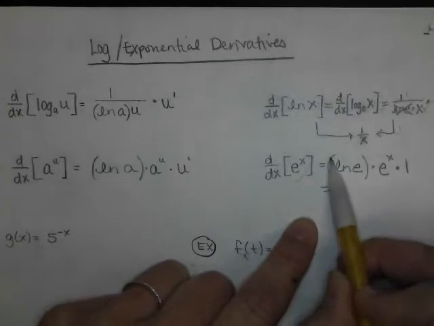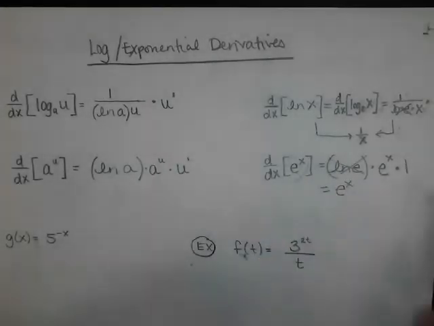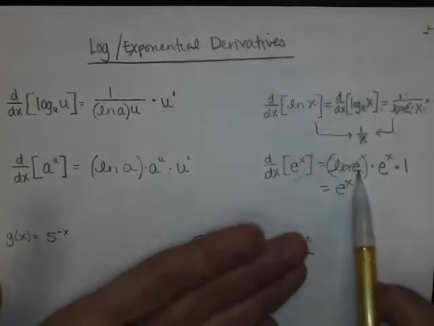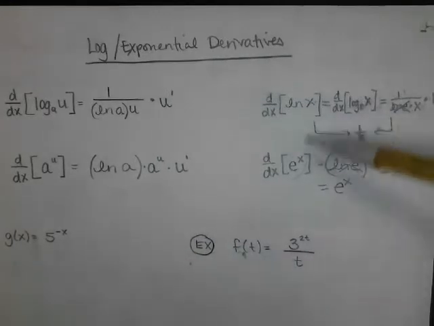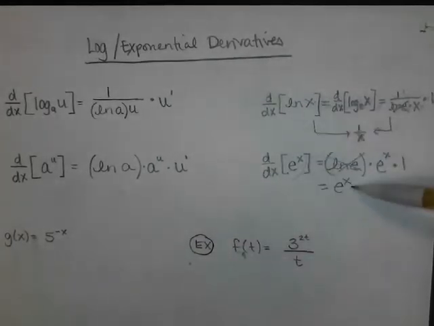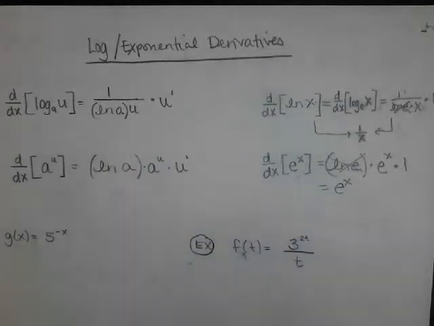So again, what happens here is the natural log of e just cancels, and this just ends up being e to the x. Most times, if the base is anything other than e, that's not just going to cancel out like that. So we started with these because these were pretty quick and easy rules, but they really are following a longer, more complex rule in basic logs and basic exponentials.